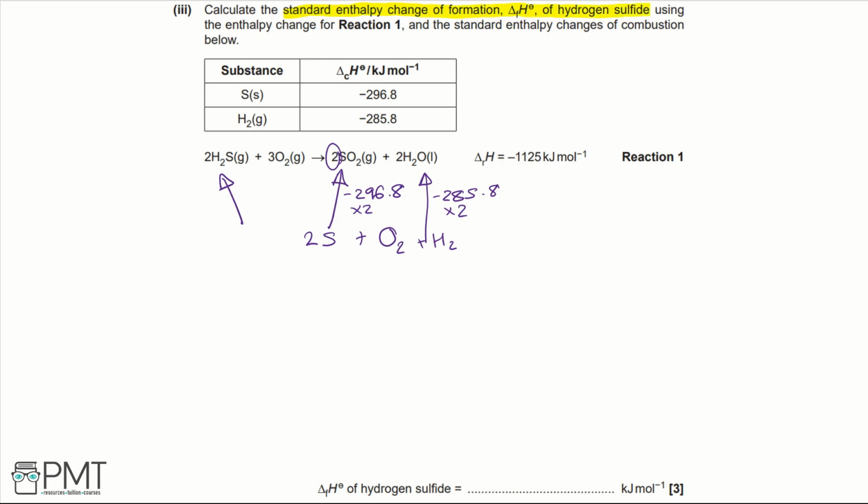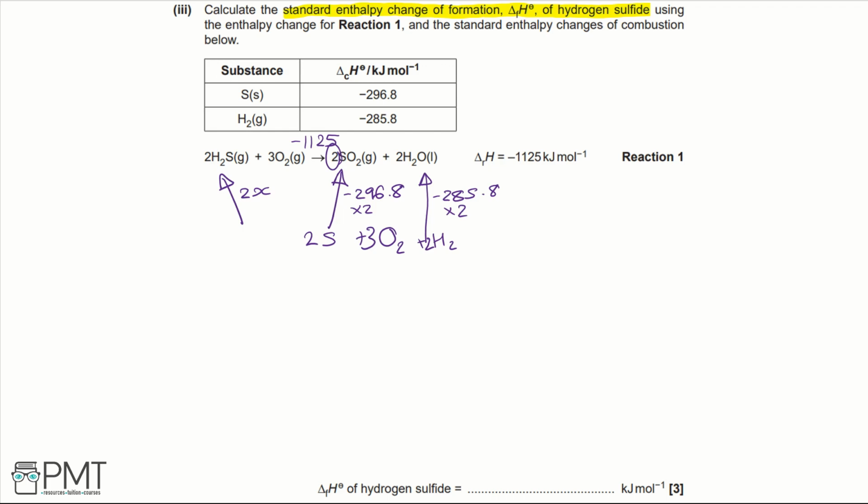So that will be using the bottom of our Hess's triangle to create hydrogen sulfide. Balancing the bottom of this Hess's triangle, we need 2 hydrogens and we need 3 oxygens. And we can label the standard enthalpy change of formation of hydrogen sulfide as 2x. And then we can also label minus 1125 as the enthalpy change of reaction.